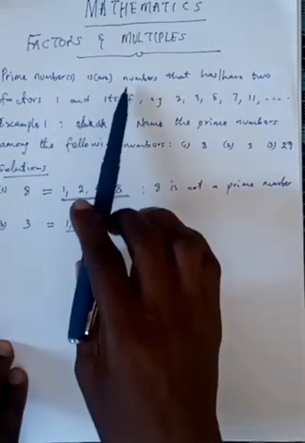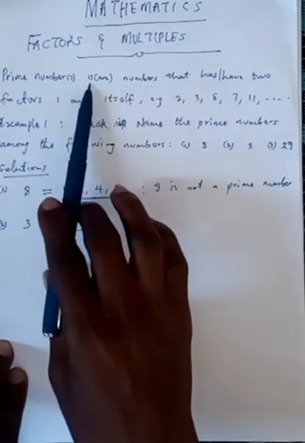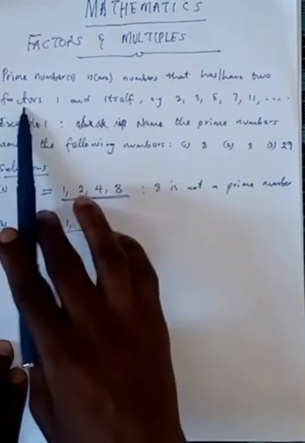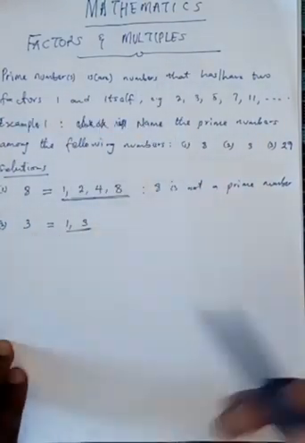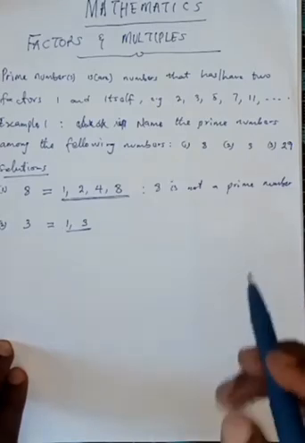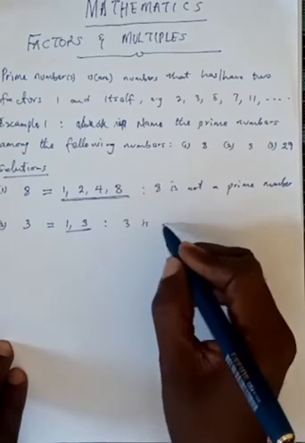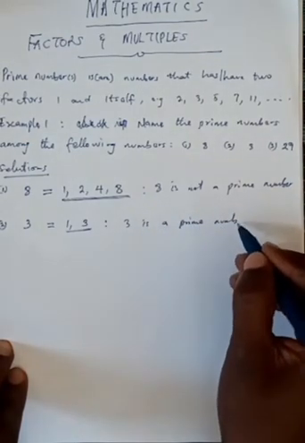And that is what the definition is talking about: a prime number is a number that has 2 factors, 1 and itself. Only 2 numbers can divide 3, and those numbers are 1 and itself. As a result, we say that 3 is a prime number.